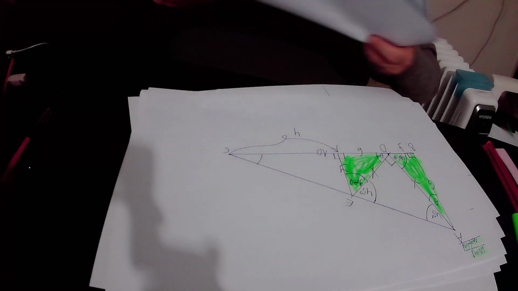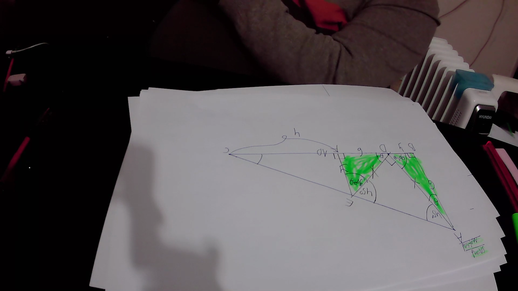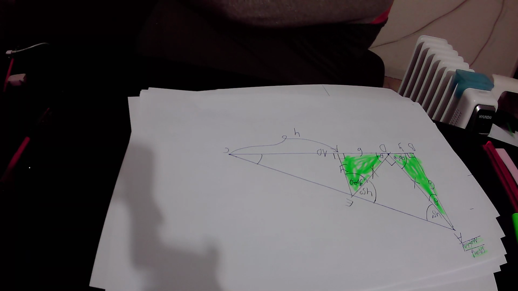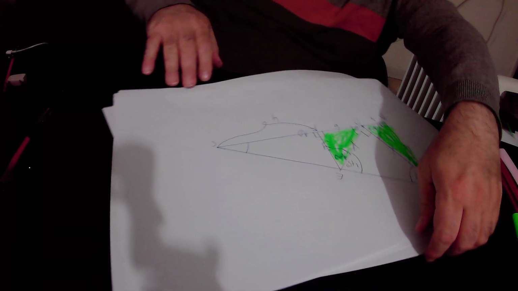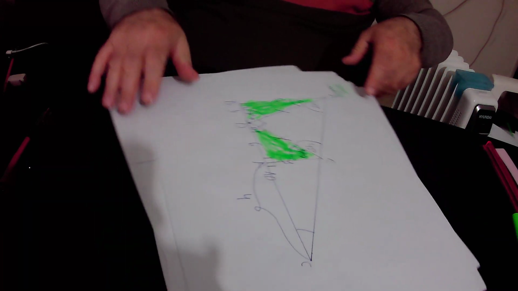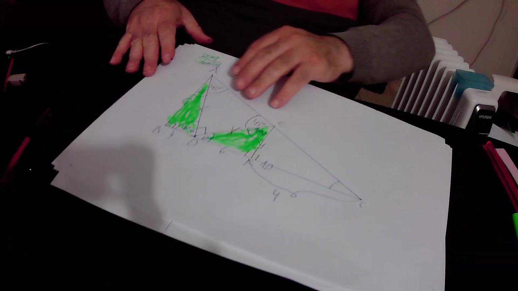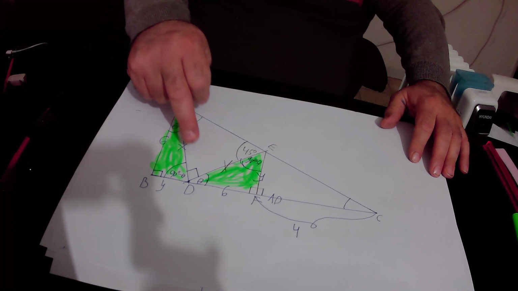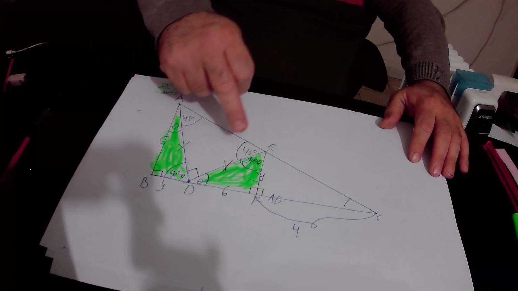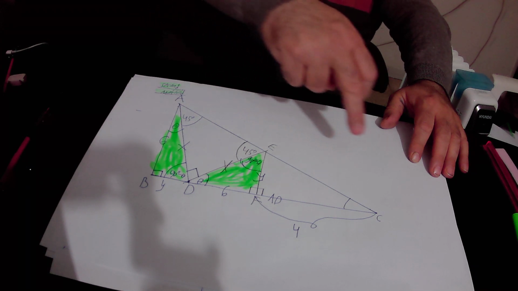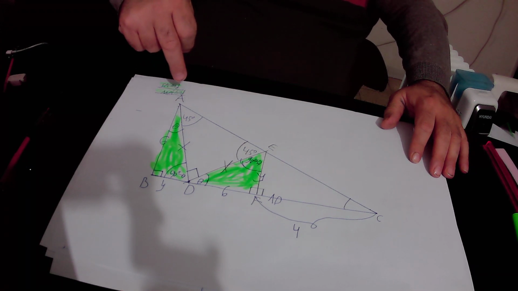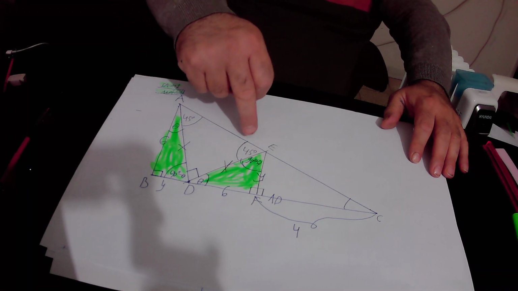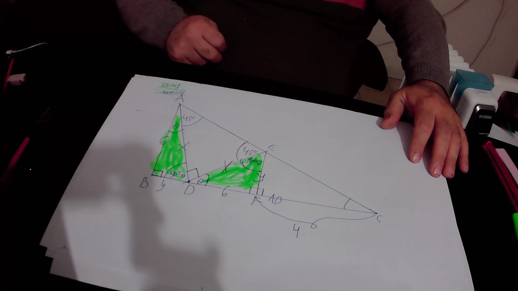In the second method, we did a construction. From point D, we drew a straight line to AC in such a way that angle AED will be equal to 45 degrees.